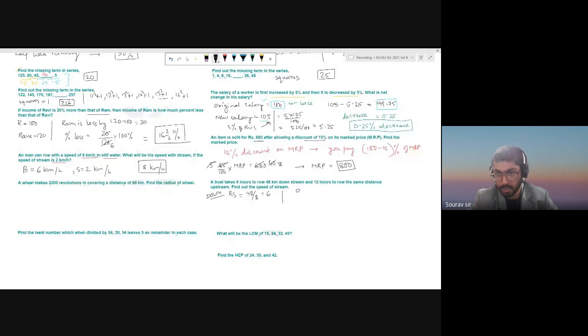So that means this is the relative speed, right? Which means speed of boat, this is downstream, plus speed of stream is 6.